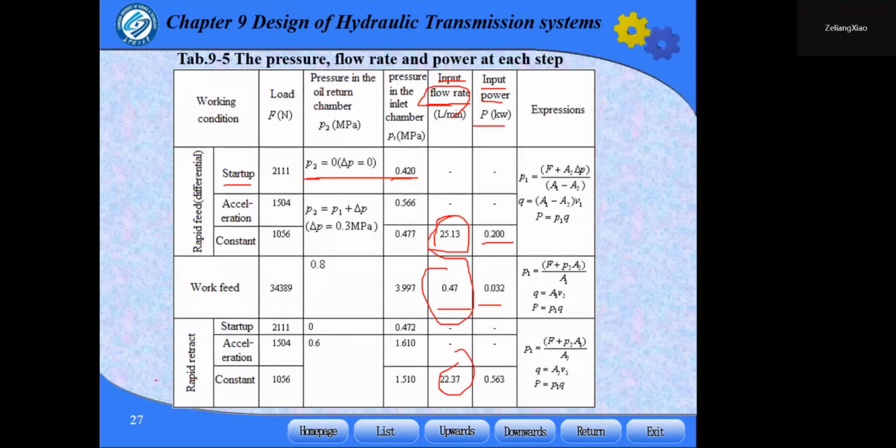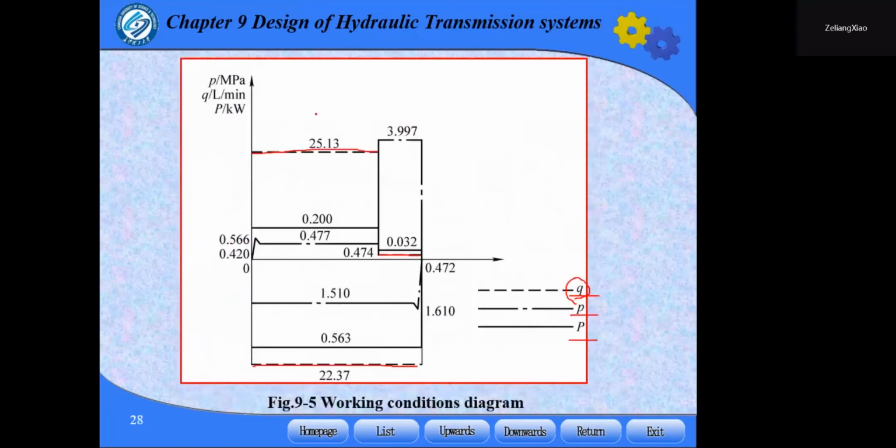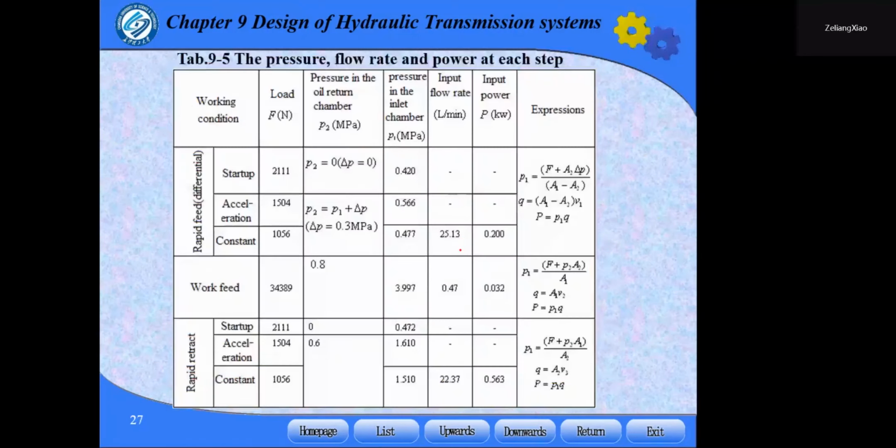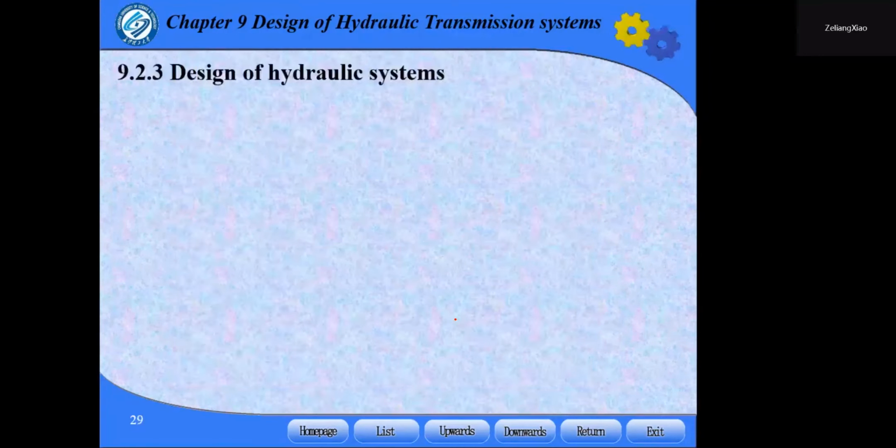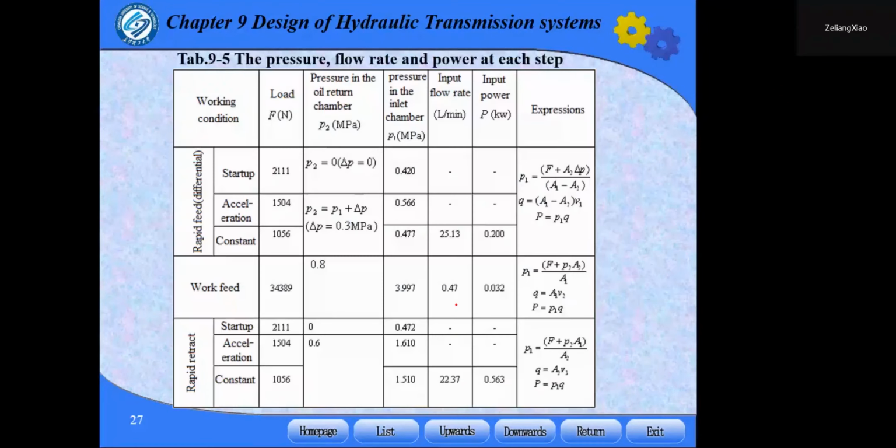This is the rapid retract speed. So it is minus this one. This is the number.